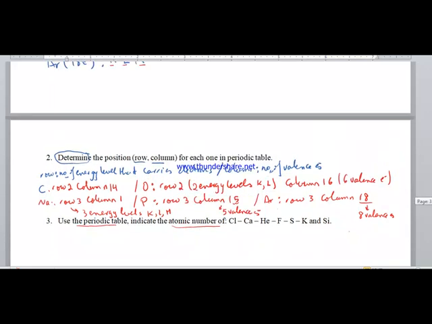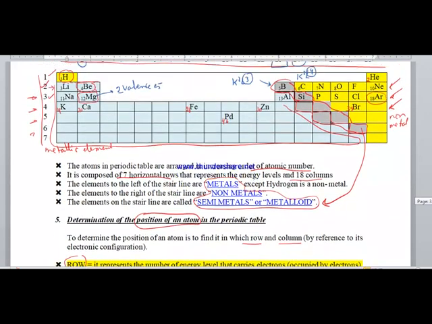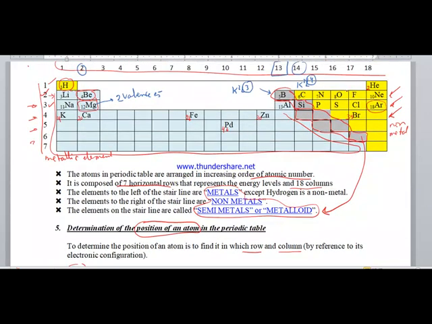If we return to the periodic table, oxygen has atomic number 8, so fluorine has atomic number 9. 13 for aluminium, 14 for silicon, and phosphorus has 15. Sulfur has 16, chlorine has 17, and so on. Potassium has atomic number 19, calcium 20, and helium has atomic number 2.